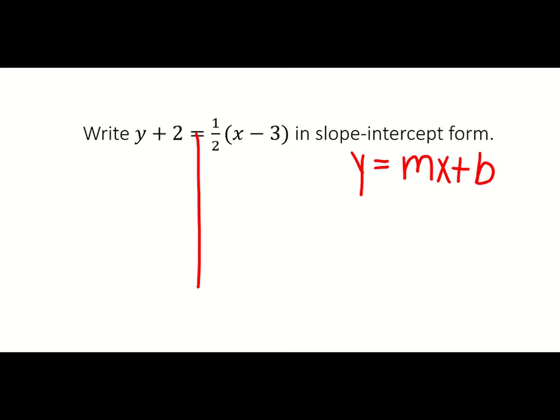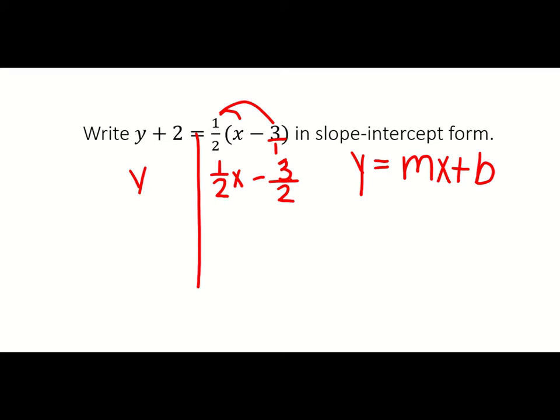But before I try to get y by itself, I always do my distribution first. So 1/2 times x would be 1/2 x. And then 1/2 times 3. Well, I just need to make 3/1 and multiply straight across. So this would be minus 3/2.